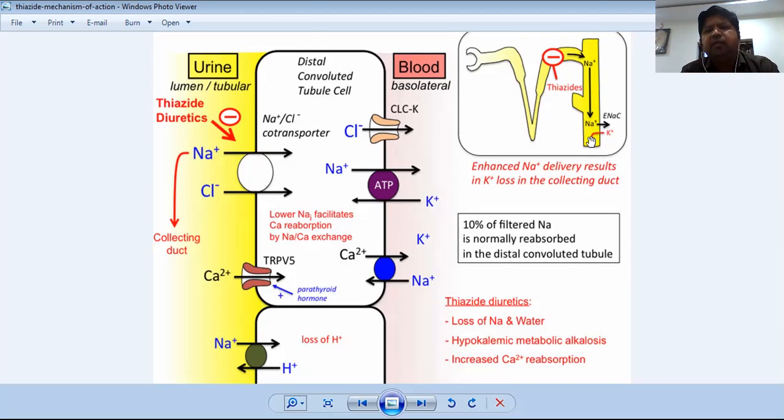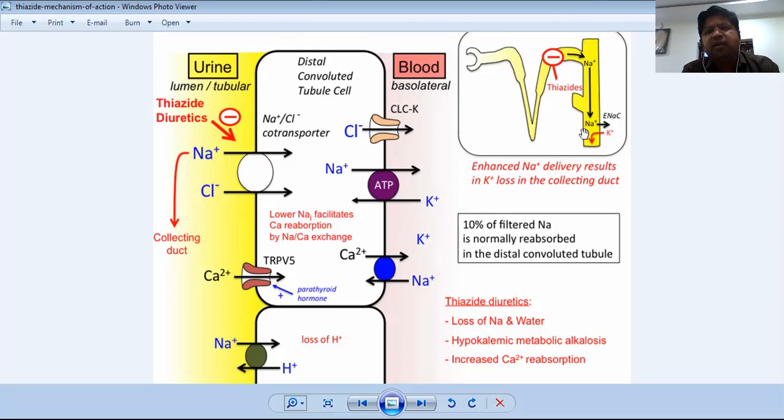As a result, blood potassium levels will decrease. You can see the arrow mark here. So sodium is reabsorbed, and here potassium is excreted out along with sodium. Suppose you have, for example, 50 sodium ions. Five sodium ions will be reabsorbed, you have 45, and 45 will be excreted. That's why diuresis will go on.